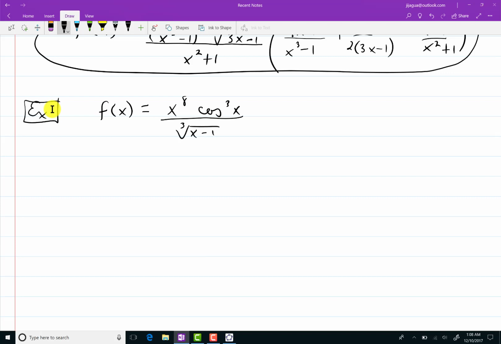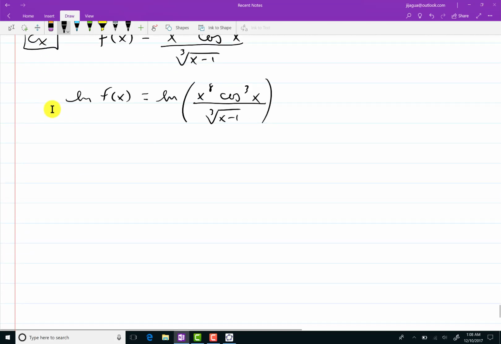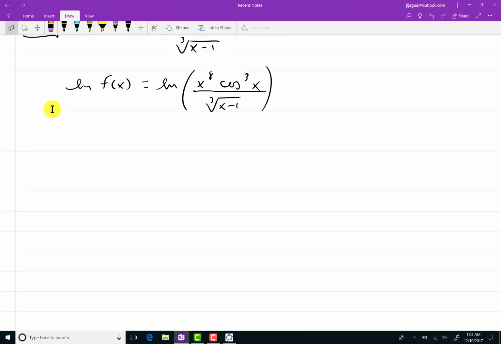So then what you'll do is you'll do ln of f of x equals ln of x to the 8th cosine cubed of x over the cubed root of x minus 1. Now I want to break that up according to the logarithm rules and just completely ignore signs of any kind. I'm going to act like there's absolute values there even though they're not.